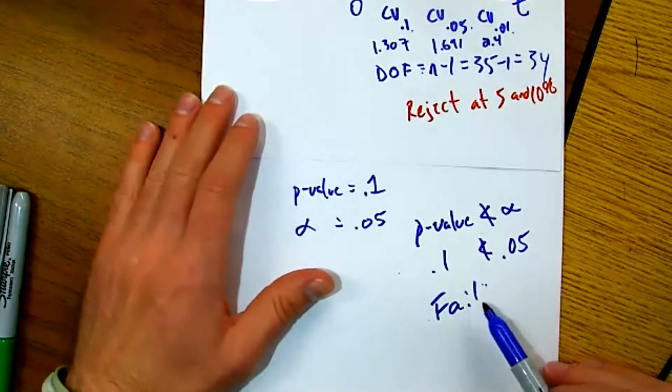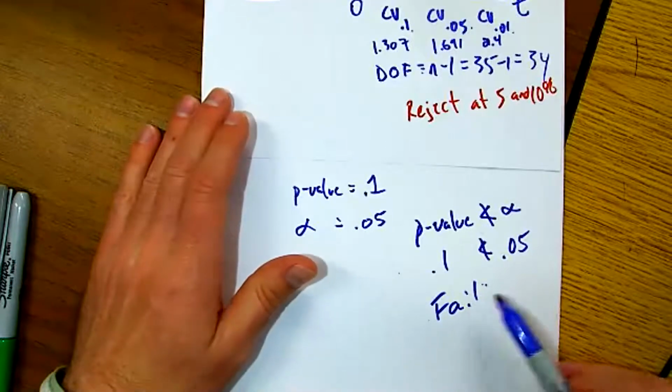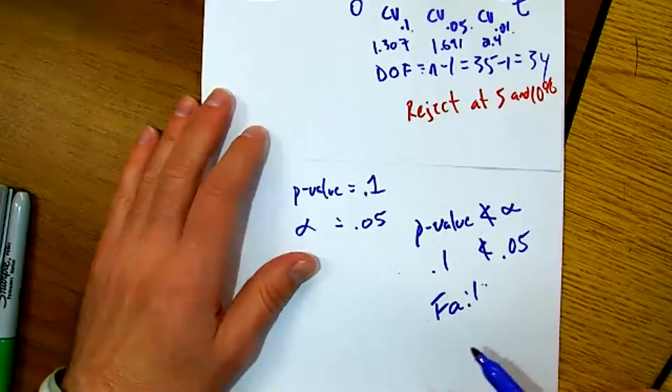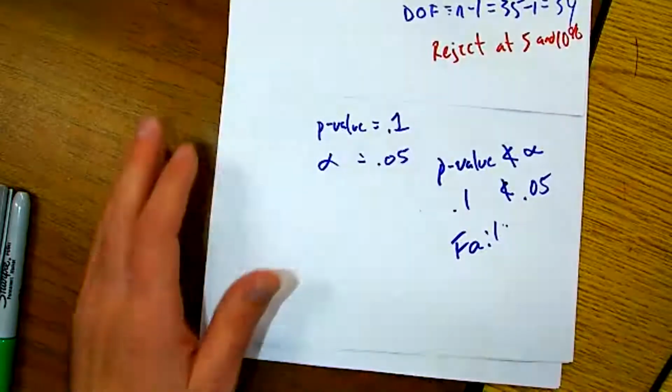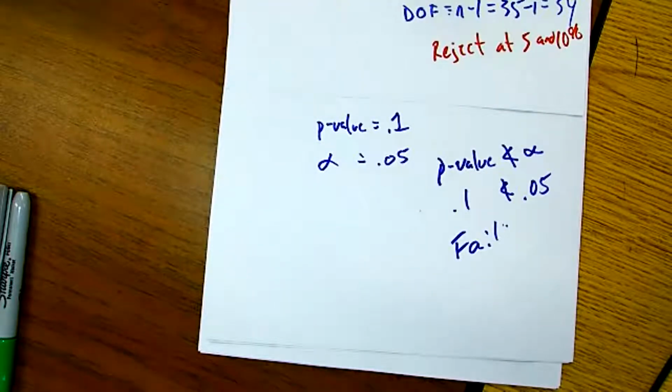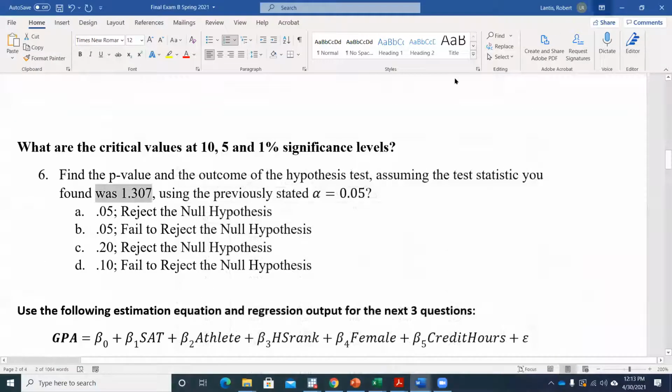So I would fail to reject the null here at that 5% significance level. That's because up here we were using the actual test statistic. Down here we were using that assumed true test statistic. So 0.1 and failing to reject the null should be our answer there.